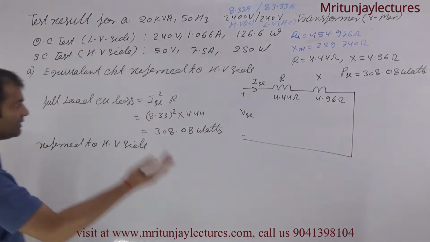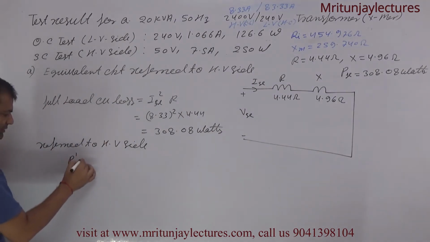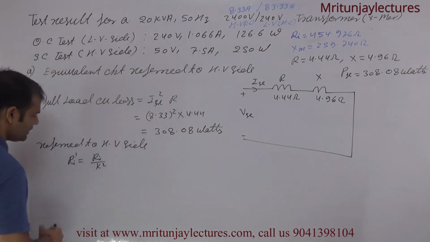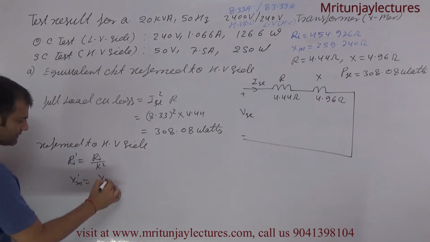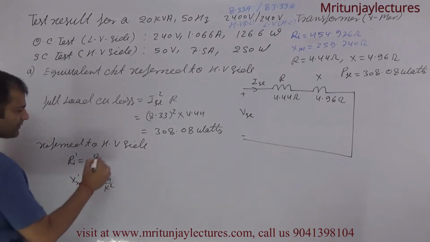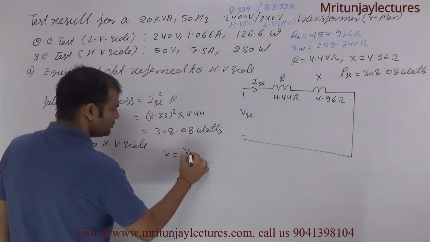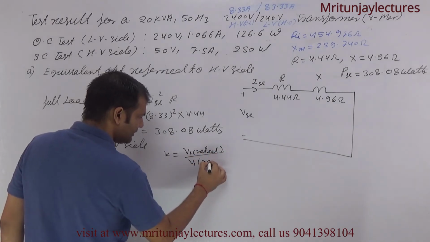It means they are converted to the high voltage side. So Ri dash is equal to Ri divided by K square, and Xm dash is equal to Xm divided by K square. What about K? That is V2 rated divided by V1 rated.